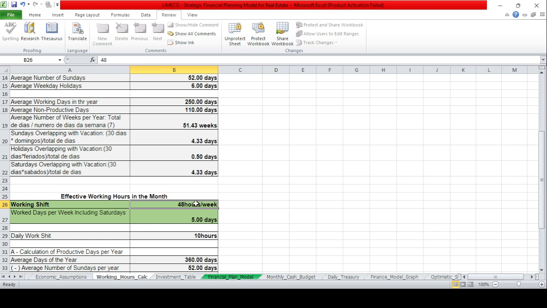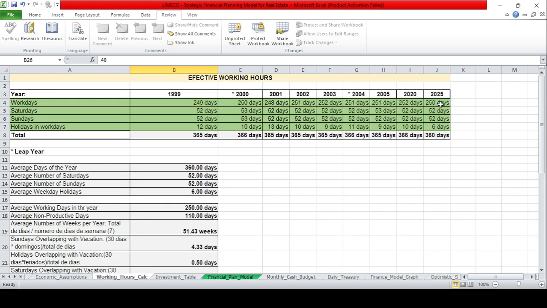Here we include the number of working shifts, the number of hours per week related to each working shift, and you must include the number of days respectively for each work day: Saturdays, Sundays, holidays and work days.